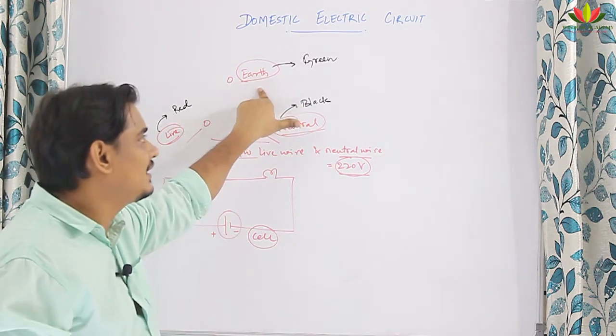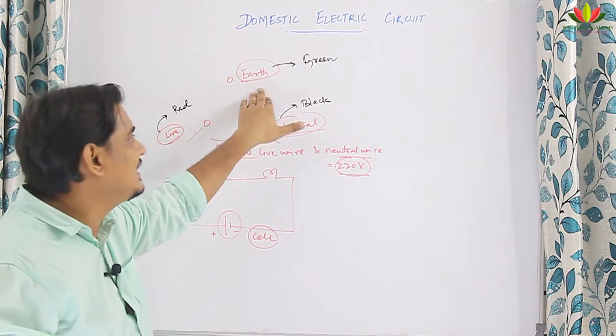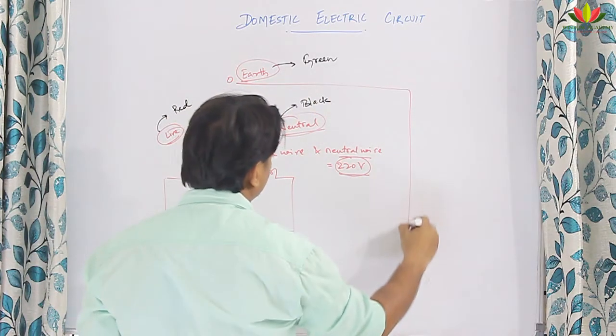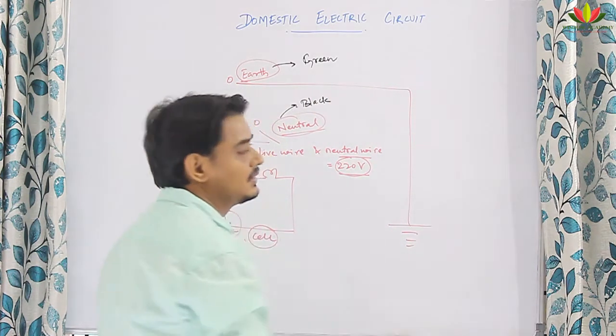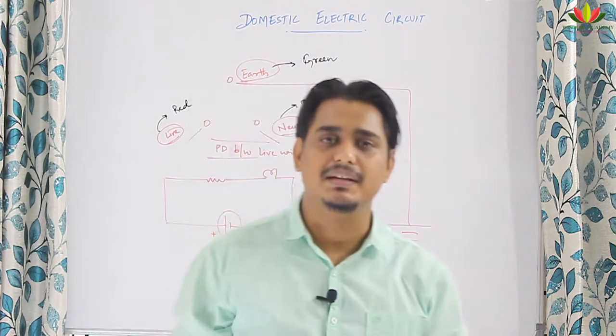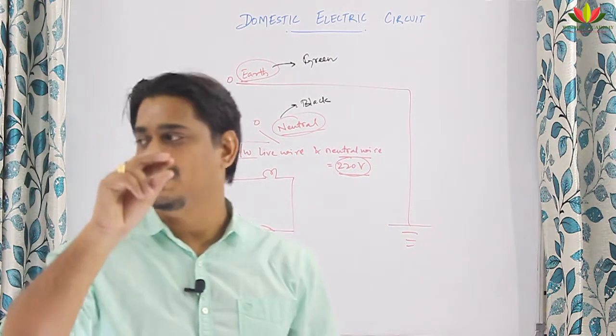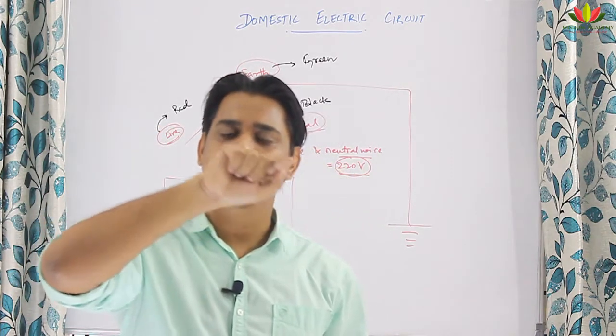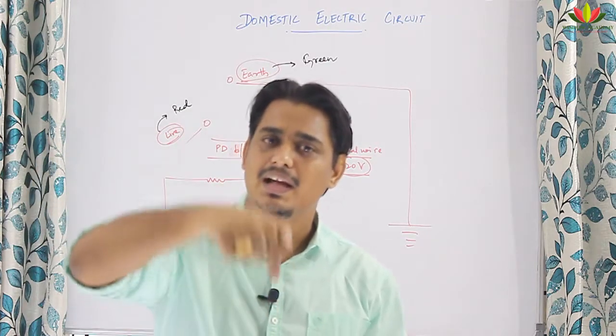This earth wire, what will it do? It will take the excess current to the ground and will earth it. That's why it is called earthing. So whenever we construct any home or any building, all the earth points will connect in one wire, and finally we will take that wire inside the ground and bury it a little deep.